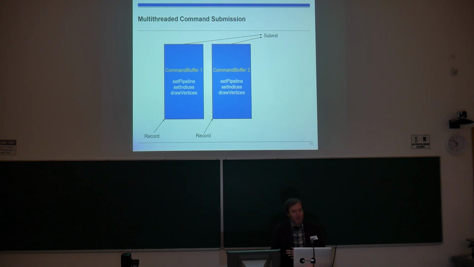In the older APIs, commands for the GPU were issued directly. So you had an actual function like draw triangles, and then it went off and hopefully drew some triangles.